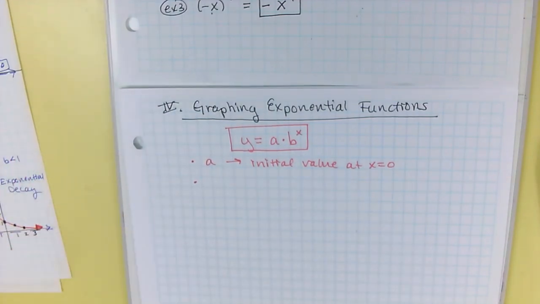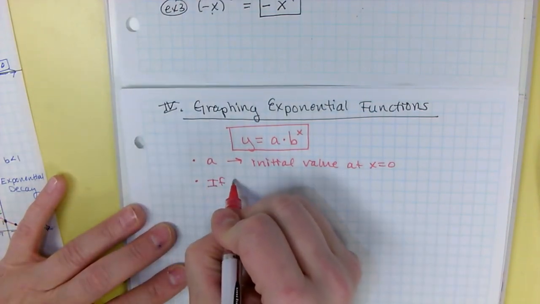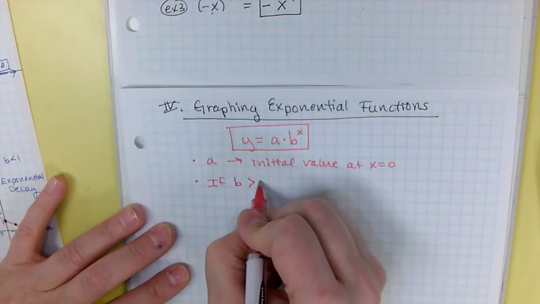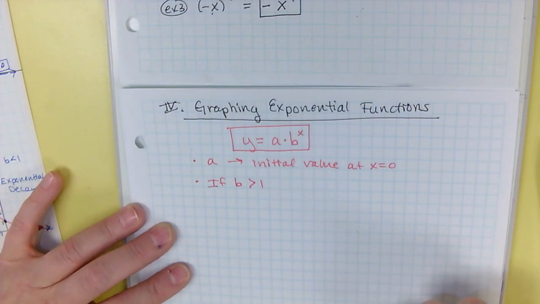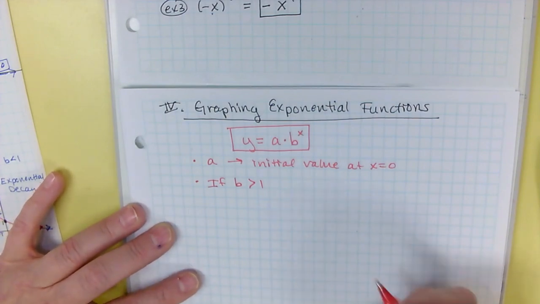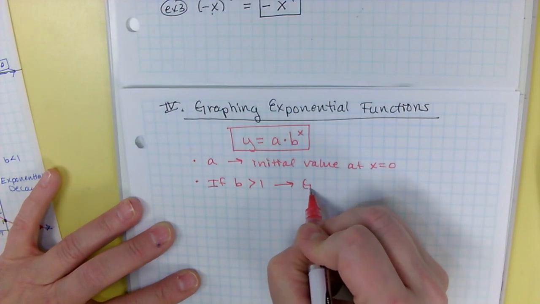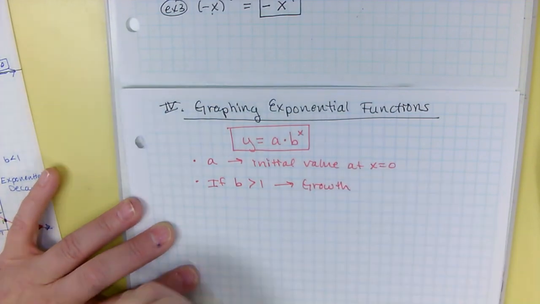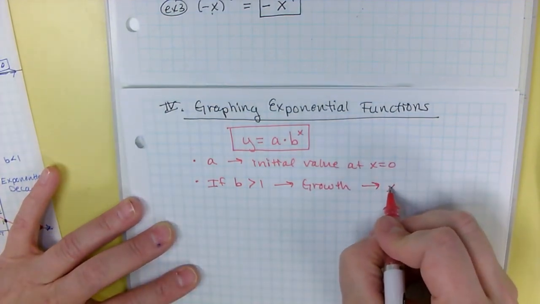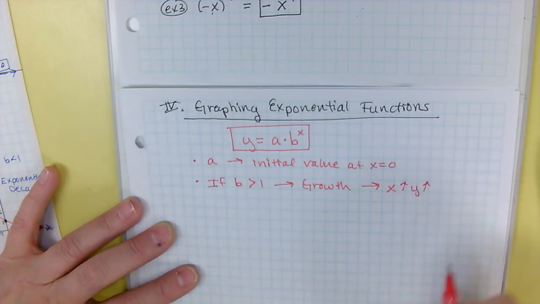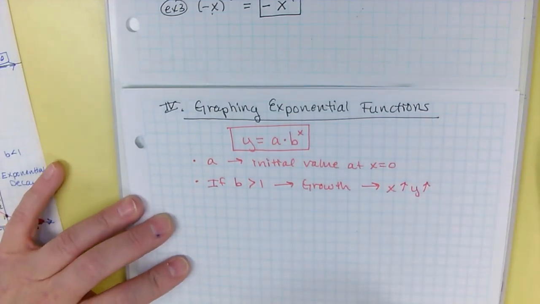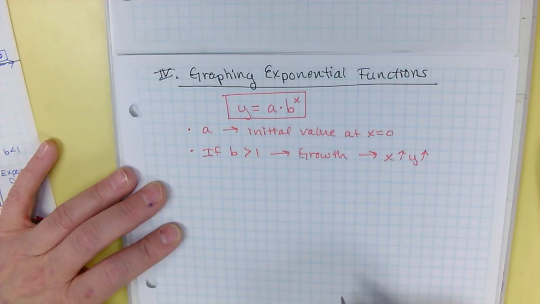Now, as far as the type of exponential, if your b value is greater than 1, so if it's 2, 3, 1.5, anything greater than 1, this is an exponential growth function, which means as x gets big, y gets big. And it happens really, really fast, which is why we call them exponentials.